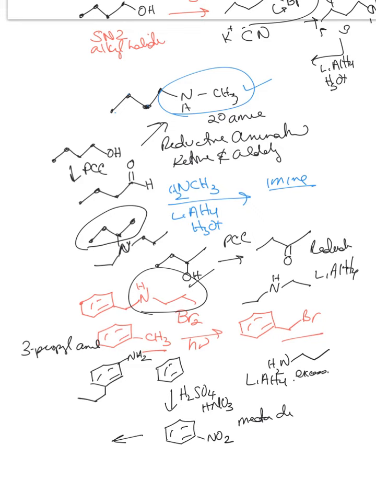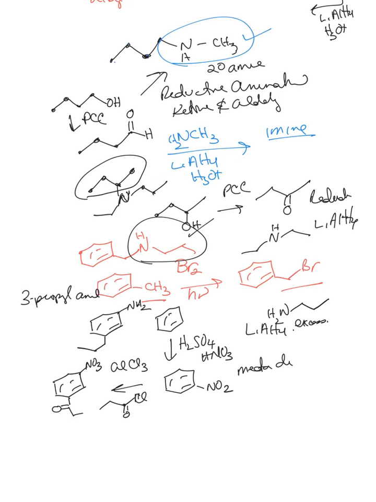So the best thing to do then would be a Friedel-Crafts, so aluminum trichloride and this propyl acyl compound. And then after you do that, that's going to give you your 3-nitro acyl compound.